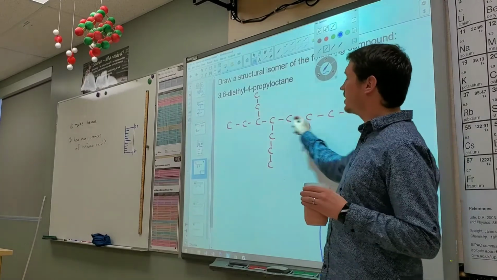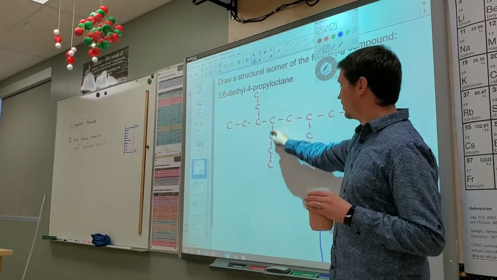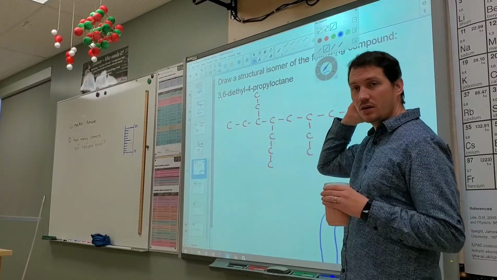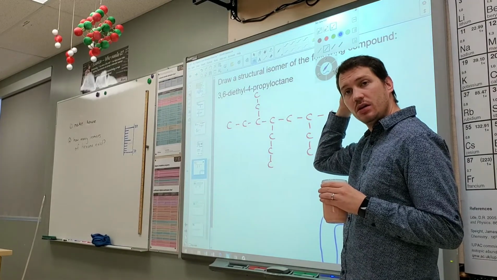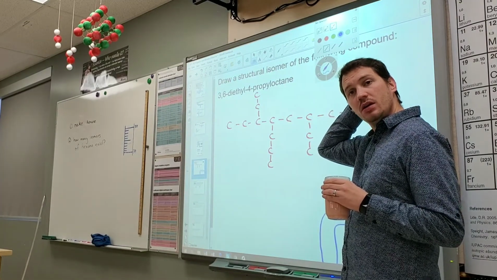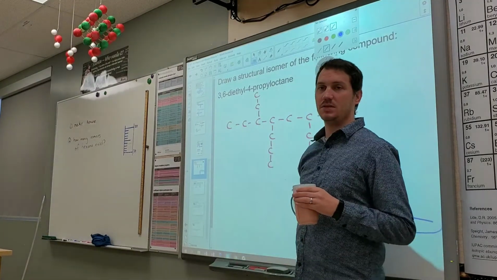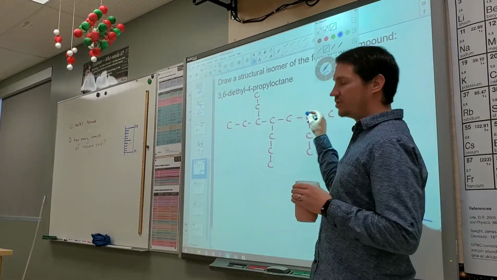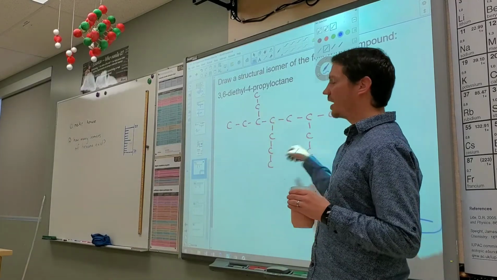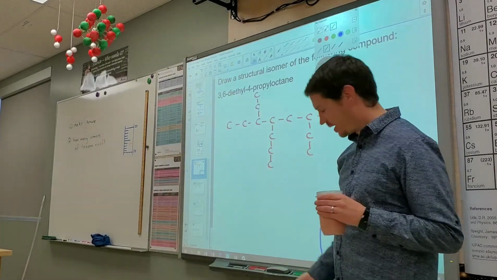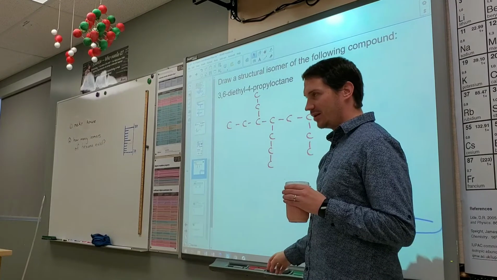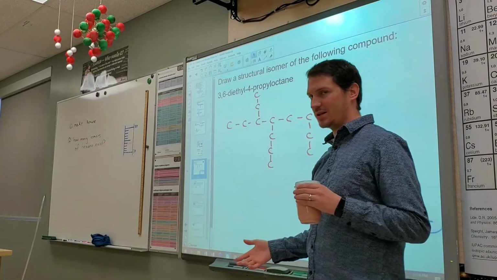This is an 8 carbon parent chain. This is also an 8 carbon parent chain. So it's okay if we choose that to be our parent chain? No, because you don't know what kind of group this is. So you just choose the parent chain that allows you to have the most branches, but it should also be the longest parent chain.